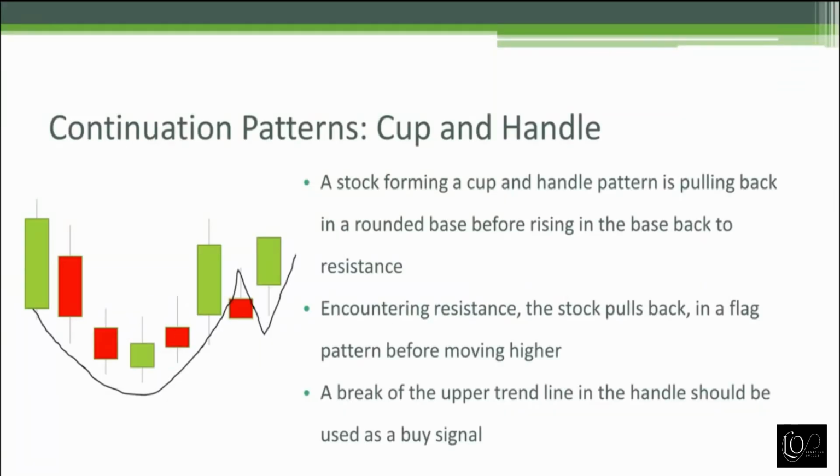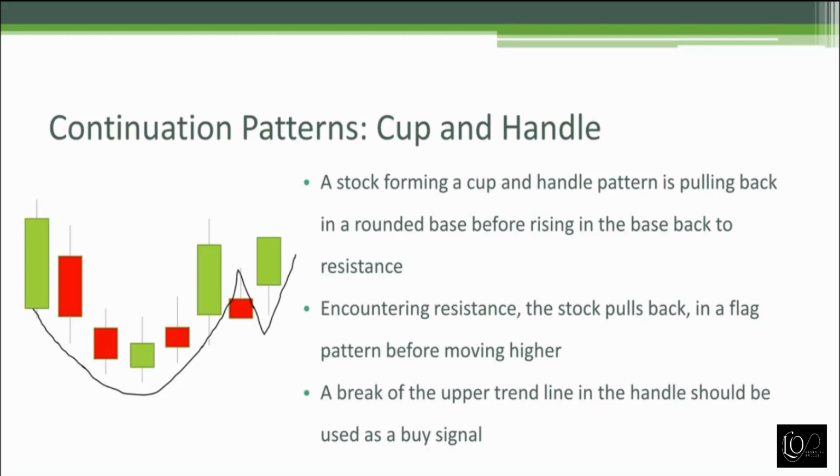The cup and handle pattern is named cup and handle because the shape of the trading pattern of the stock looks like a teacup. You have a bowl-shaped pullback in the stock, and then a move back up, which forms the right-hand side of the cup. We then have a pullback in the stock.